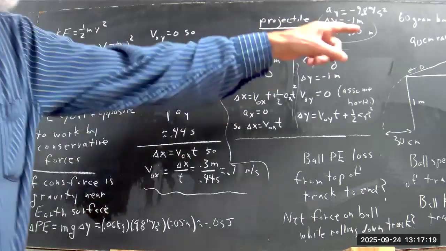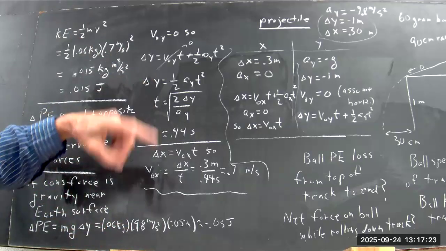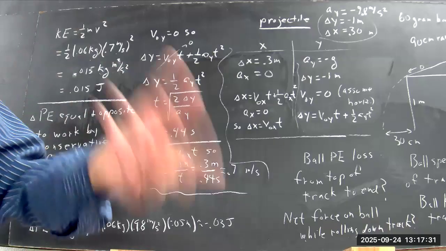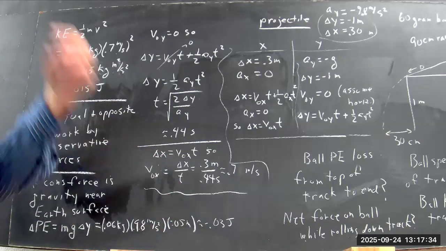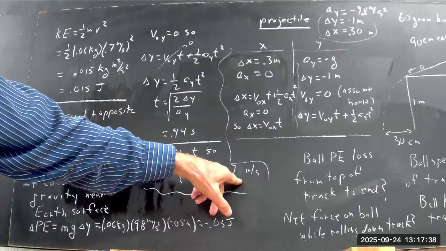If the ball rolled from the top of the ramp to the bottom and attained a velocity of 0.7 meters per second, then we can use what some of you were starting to use. Okay, it started from rest, we can double the average velocity, or, well, we got the final velocity, okay?